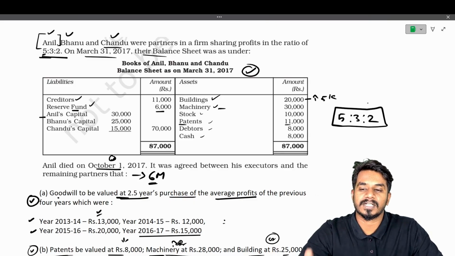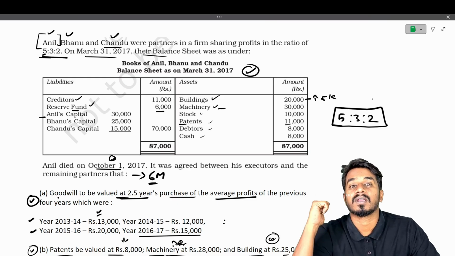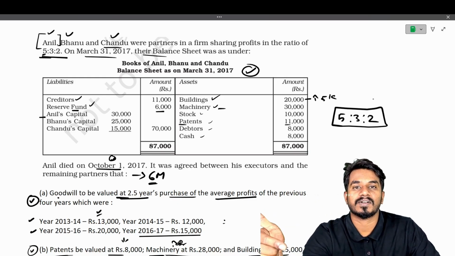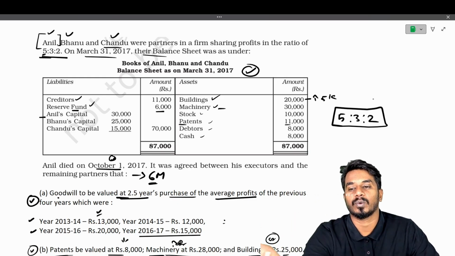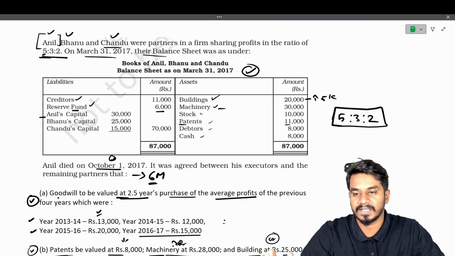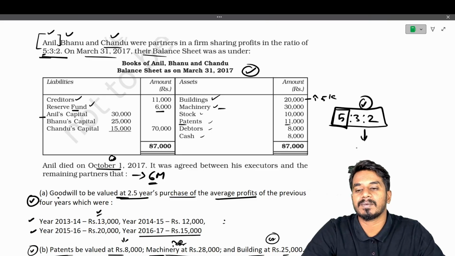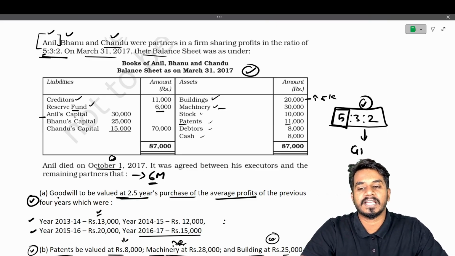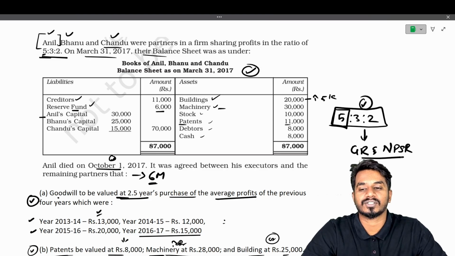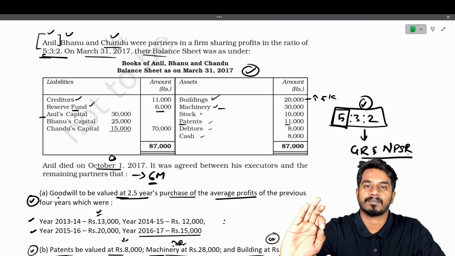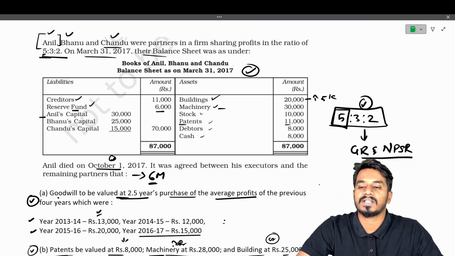Apart from this, there is no information regarding the new profit sharing ratio or gaining ratio. So if he is retiring directly, the remaining profit sharing ratio will become the gaining ratio and also the new profit sharing ratio. It is the default. Understood? So what is the gaining ratio?